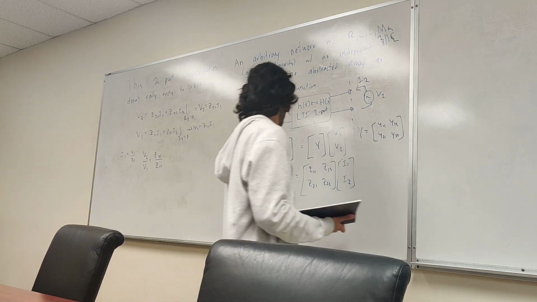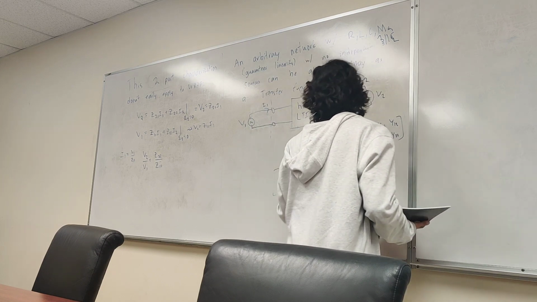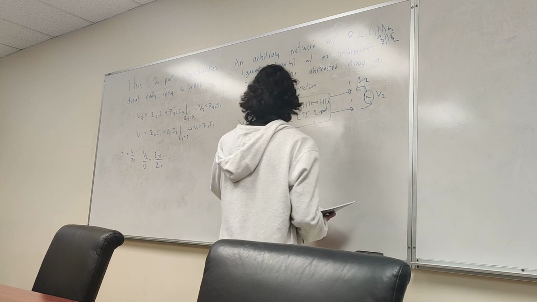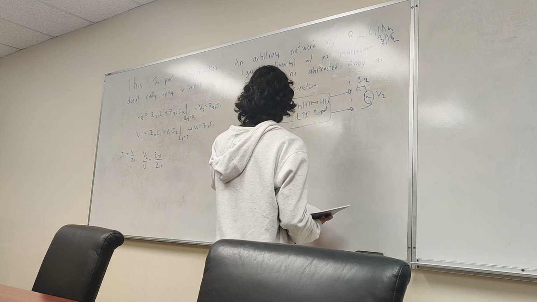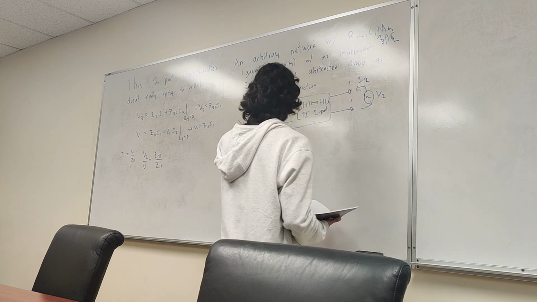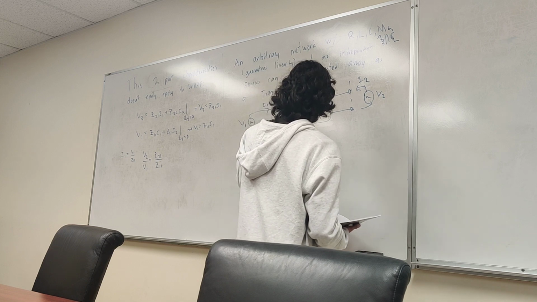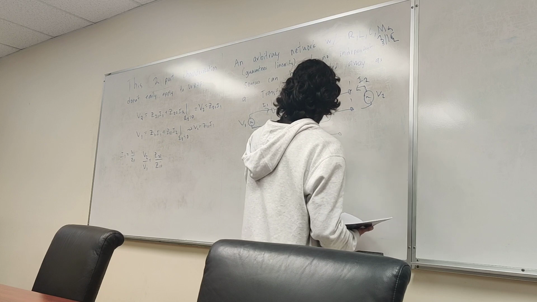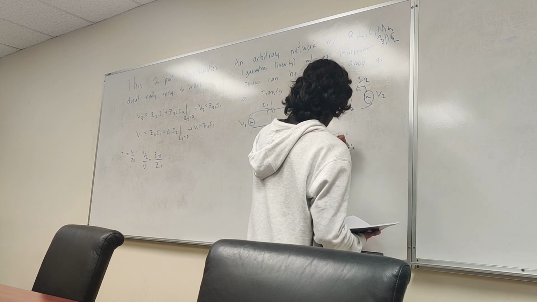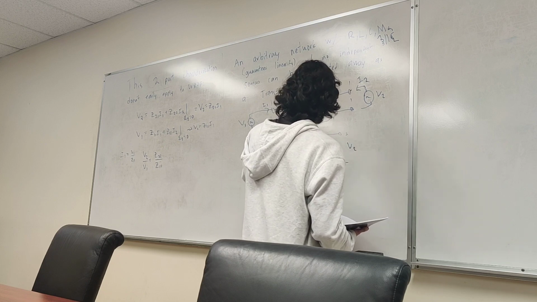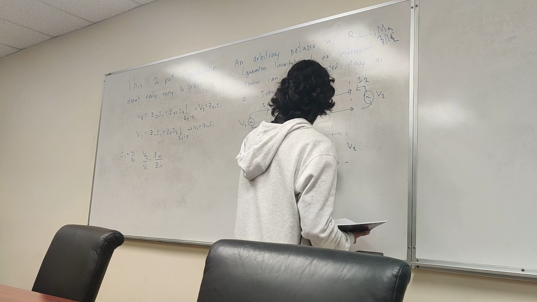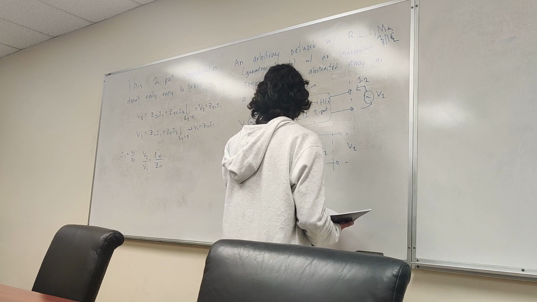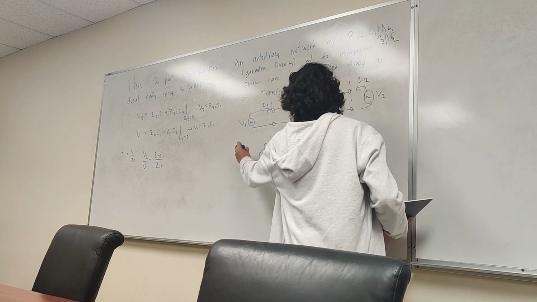I'm going to erase this bottom part here. Let's consider a simple voltage divider. Our two-port network here. This bottom is ground.